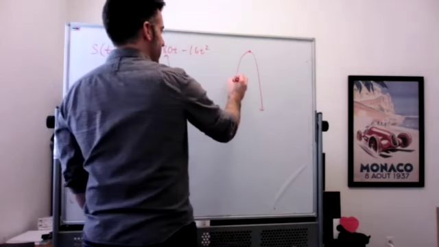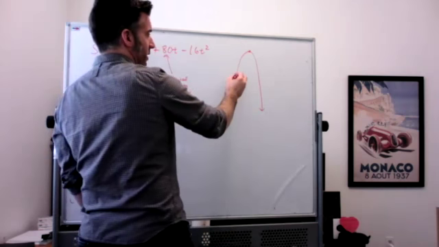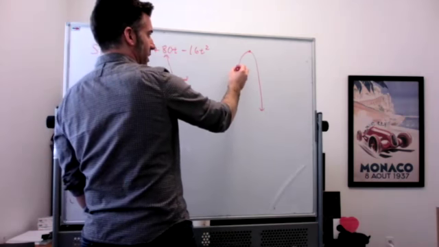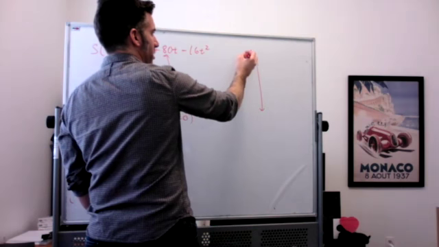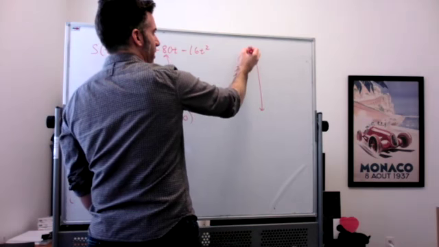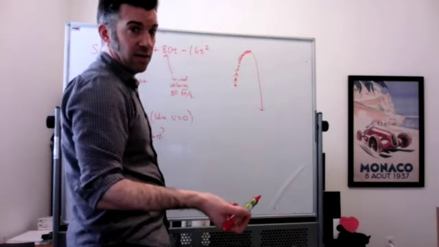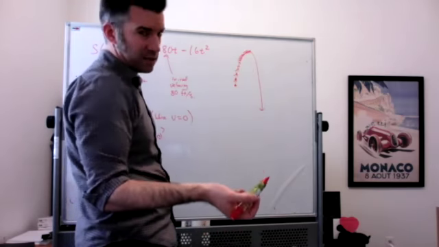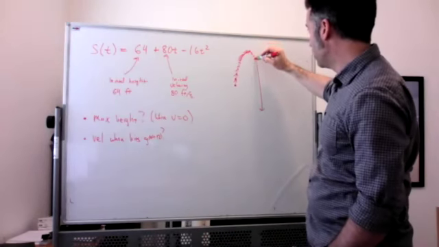And then on its path upwards, it's slowing down, right? It's maybe 70 feet per second, and then 60, and then 50, and then 40. So as the ball goes up and up and up, it's slowing down. And then at the very apex, it stops going up. Its positive velocity is 0. And then it starts going down.